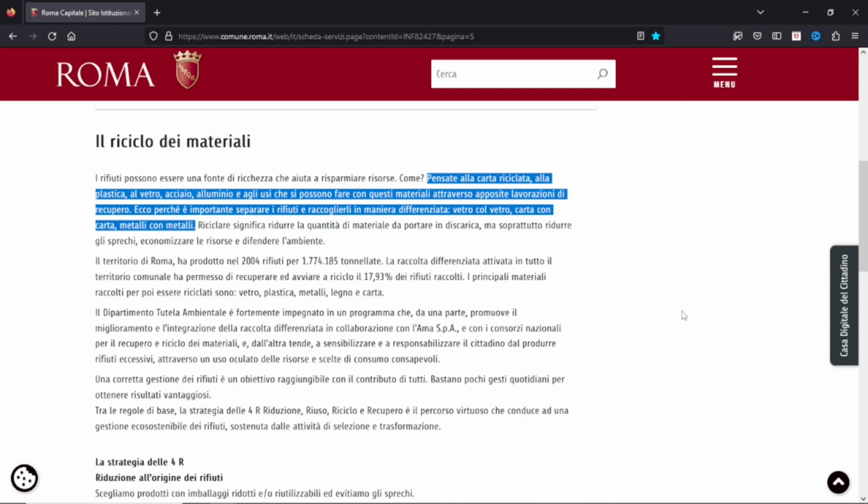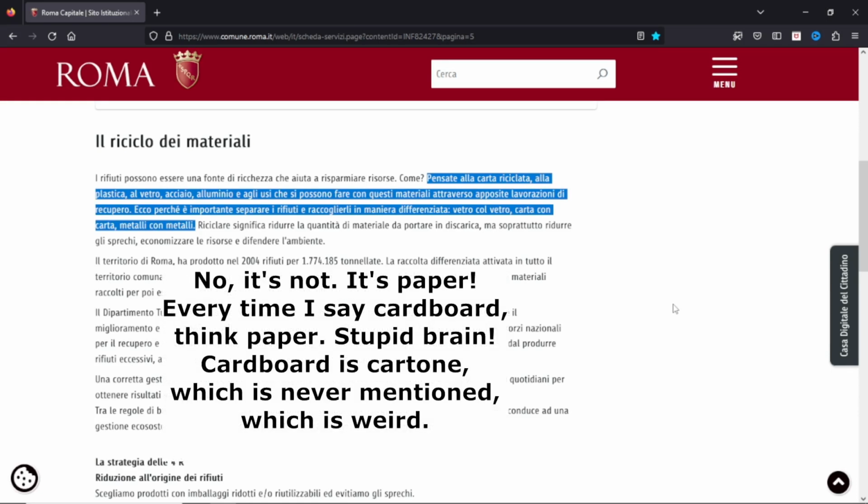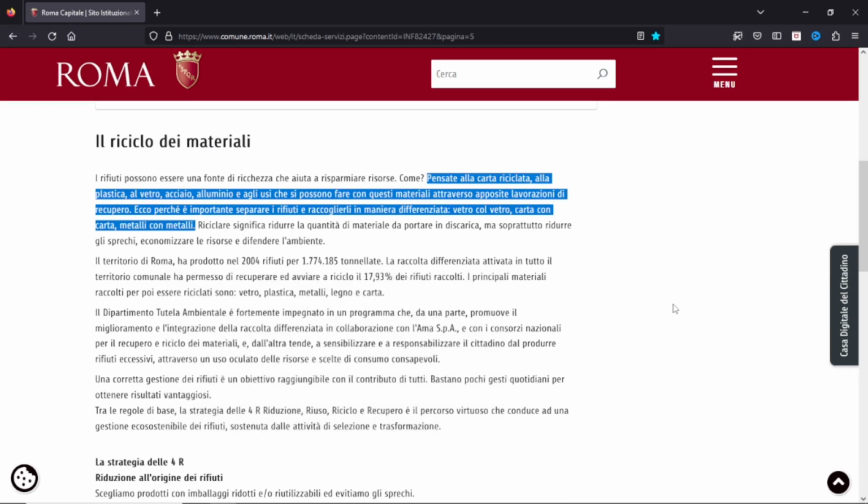Okay. Think about recycled carta, which is cardboard, plastica, or plastic, vetro, glass. I don't know what acciaio is, but as the next one's aluminium, which I'm assuming to be aluminium foil, or as Americans call it, aluminum. So maybe acciaio is just normal metal like tin cans.